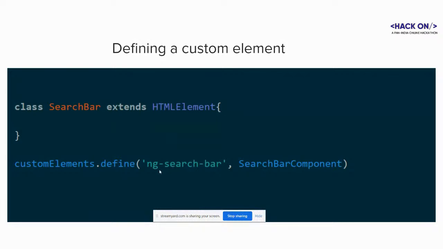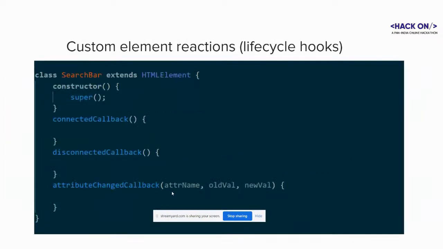In this case, it would be ng-search-bar. That would be the name of your custom element. That is something that would be registered to the DOM. That is something that you would place in the DOM, and that's when it will appear in the browser. And this selector is for this particular component, which is the search bar component. This should be the same, search bar, and here also search bar. This should be similar, not two different things.